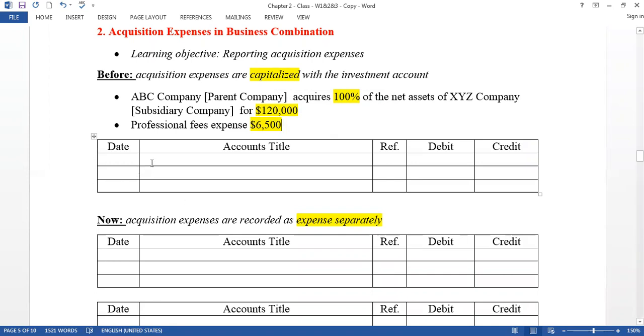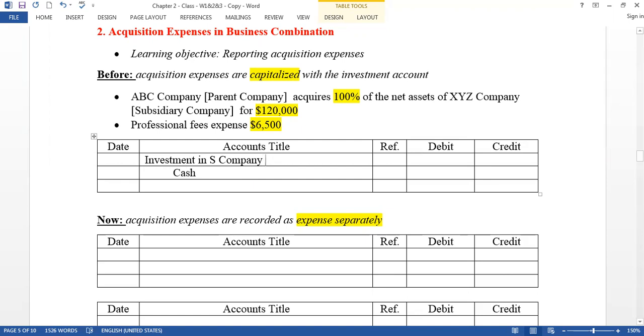So what we did before: we record investment in S company, S means subsidiary company, debit, and we record cash credit.